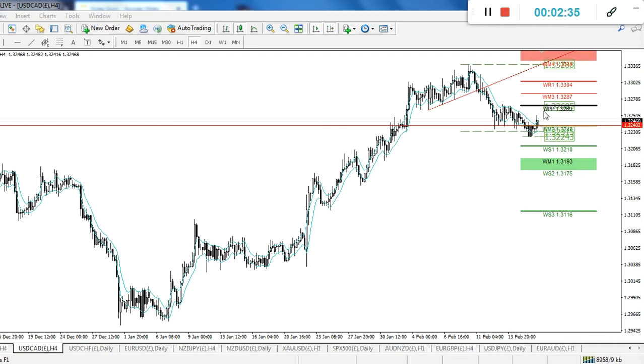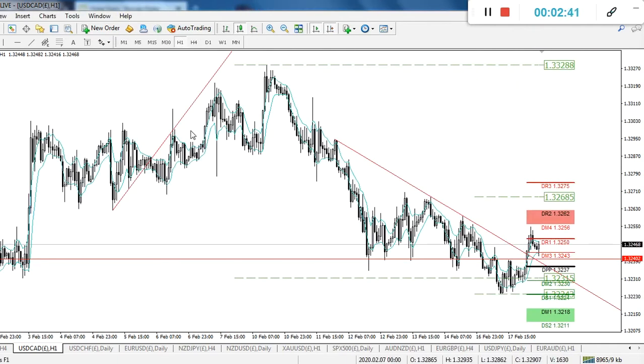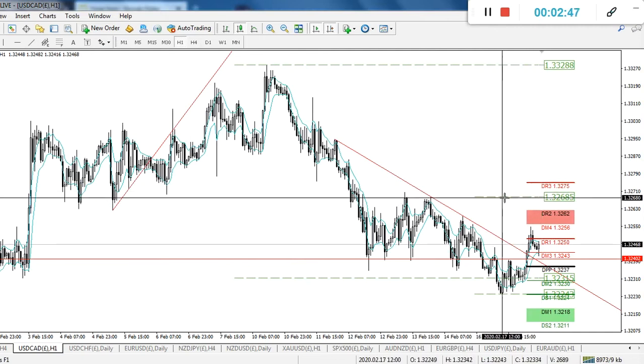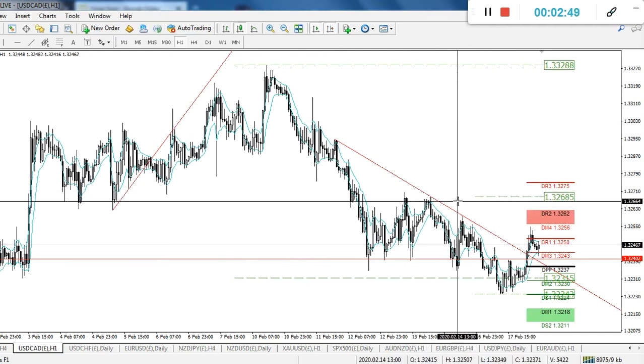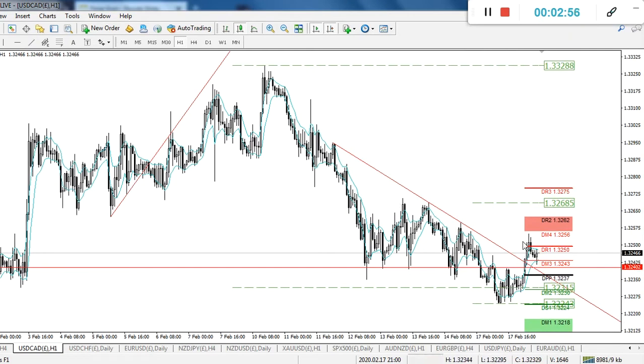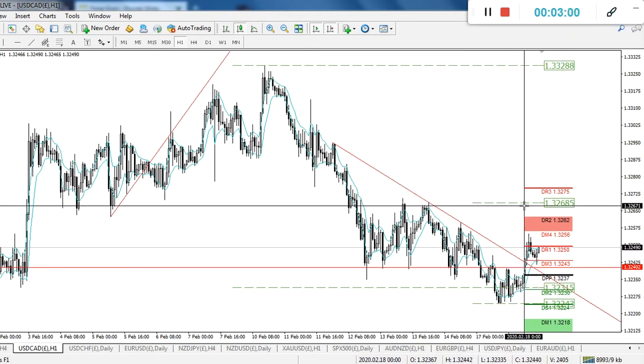As far as the day trade is concerned, the first target is very reasonable to take, at 132.65, around that area. It's already broken that trend line just about yesterday midnight, and then it looks like it wants to gain some strength.